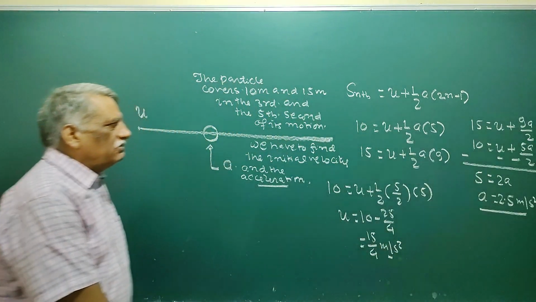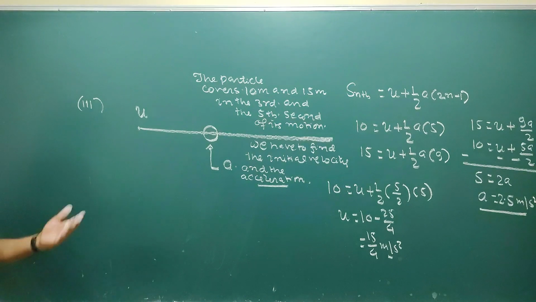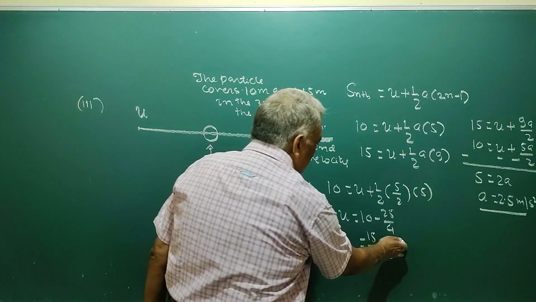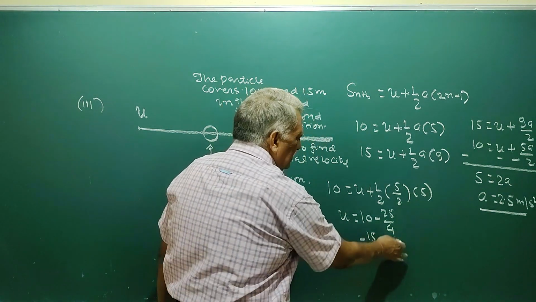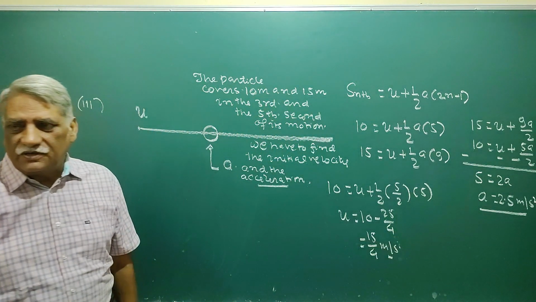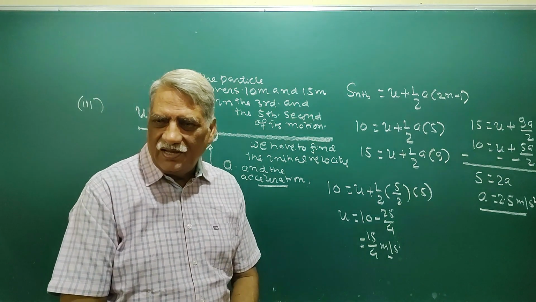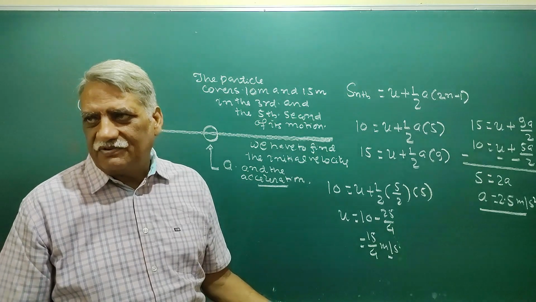We got two independent equations. We solved and got the values of the initial velocity and the acceleration. Initial velocity is 15/4 meter per second, right? And acceleration of the particle will be 2.5 meter per second square. That's all for today. I think the points discussed are very clear.